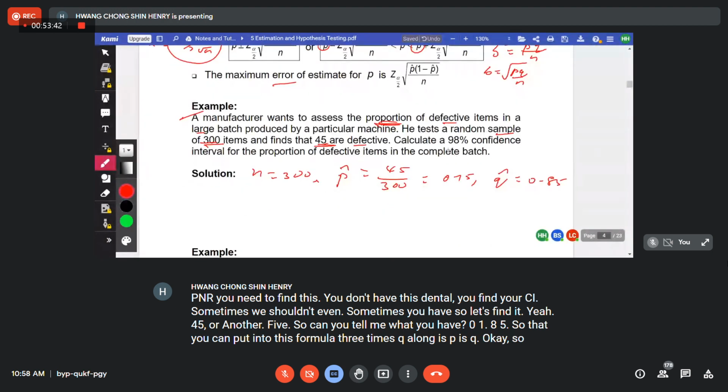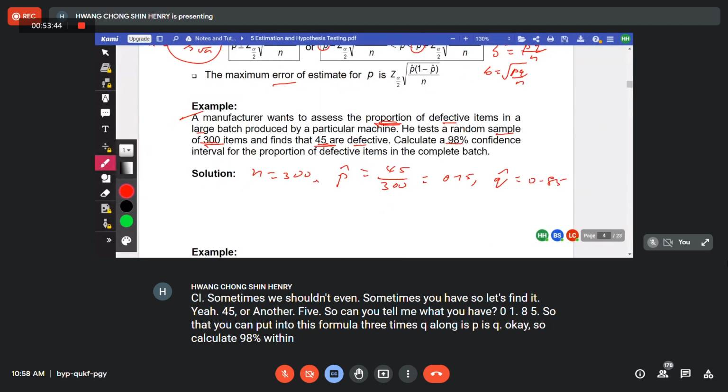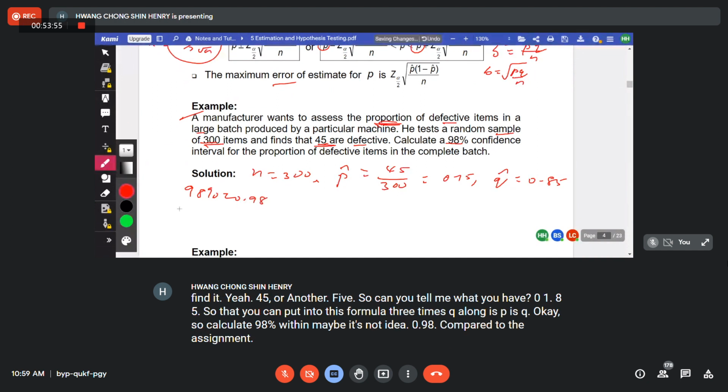Okay, so calculate 98%. No more 95%. For 98%, what's alpha? 1 minus alpha is 0.98, so what's alpha? 0.02.